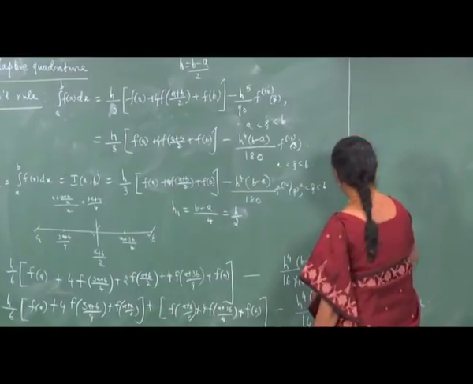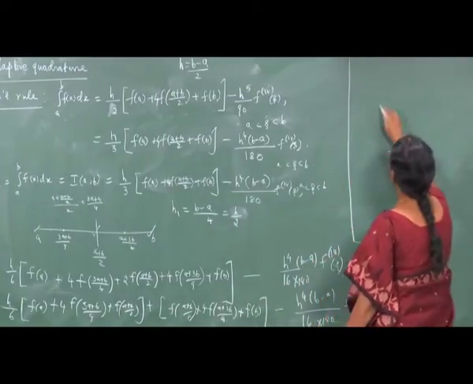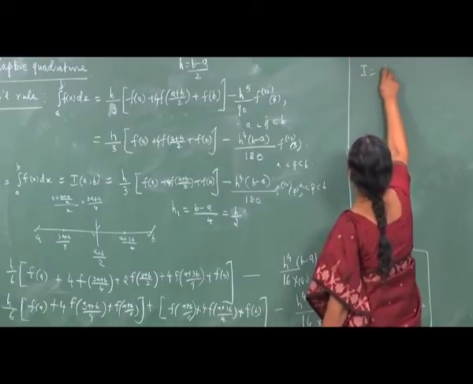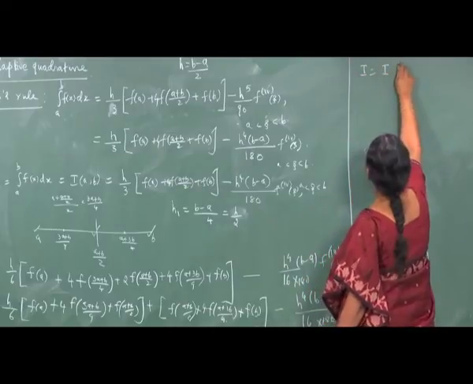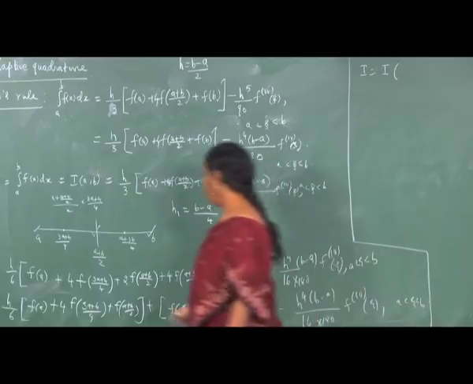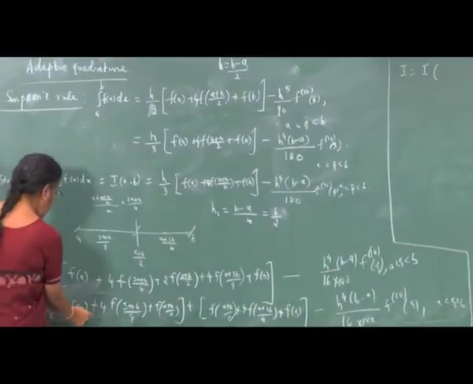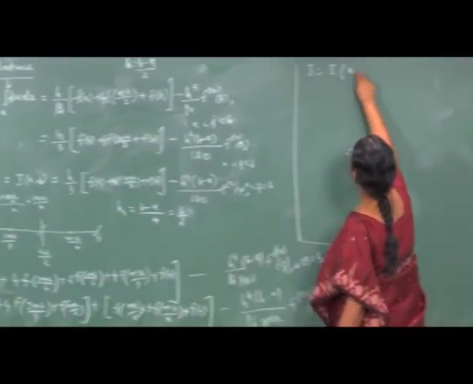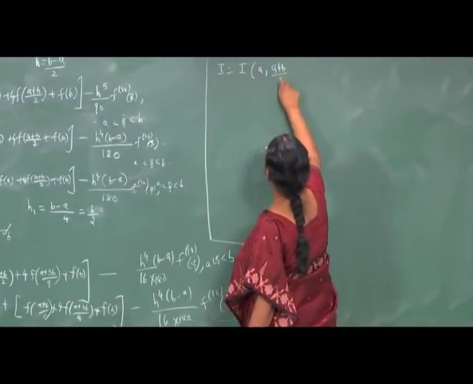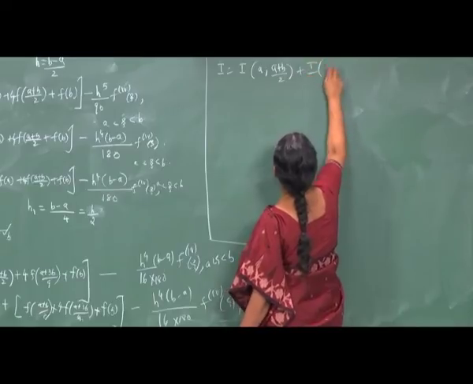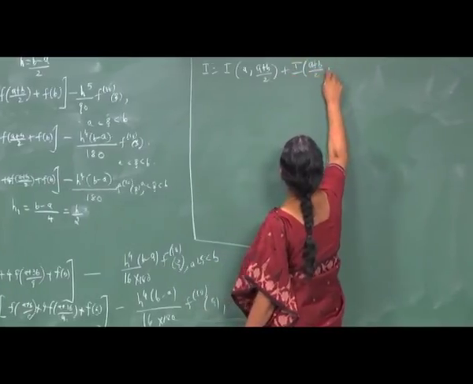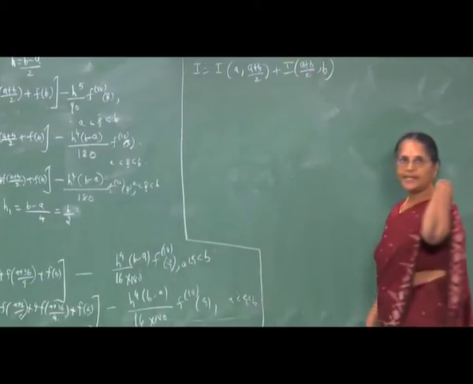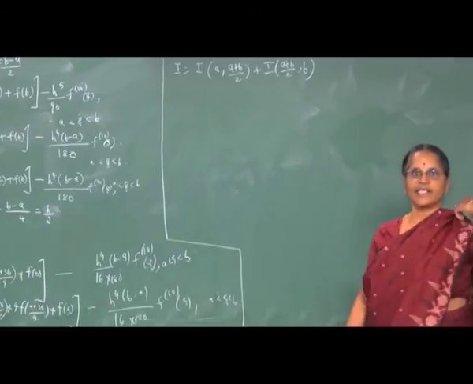So, I write this as I, what have I done? I have applied Simpson's rule in a to (a plus b) by 2, so I shall call this I of a to (a plus b) by 2, and the next term corresponds to (a plus b) by 2 comma b. So, I have applied Simpson's rule in that subinterval.